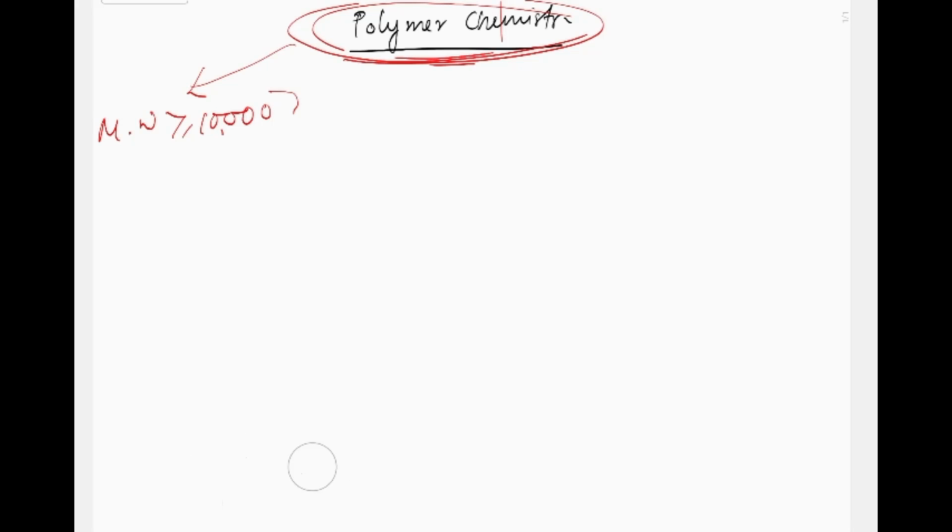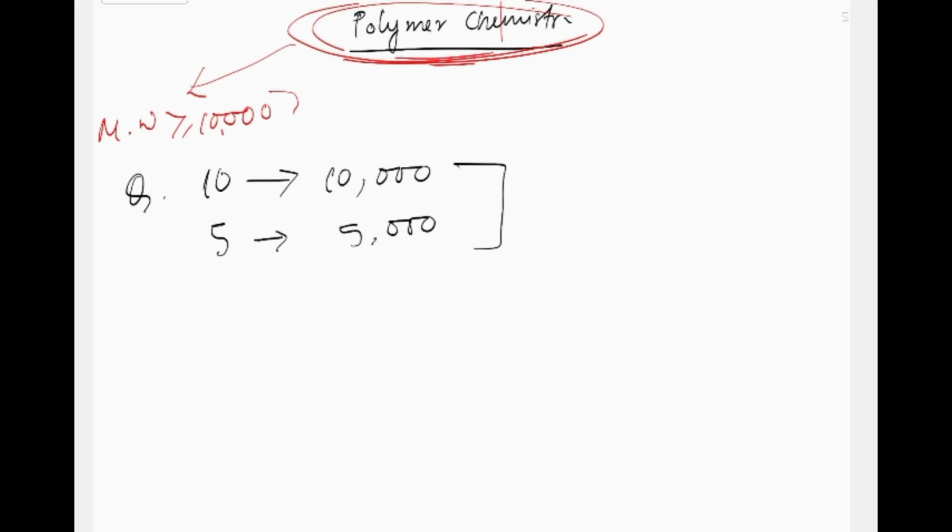Suppose it is given that 10 monomers with molecular weight 10,000 have reacted, and 5 monomers with molecular weight 5,000 have reacted to form a polymer. Let us calculate what Mw and Mn are, and PDI is also asked.